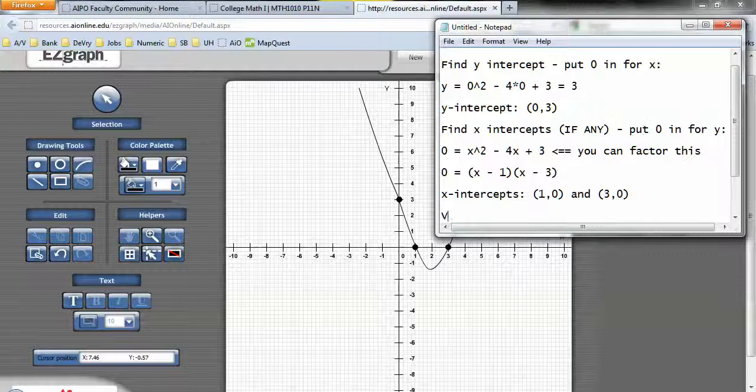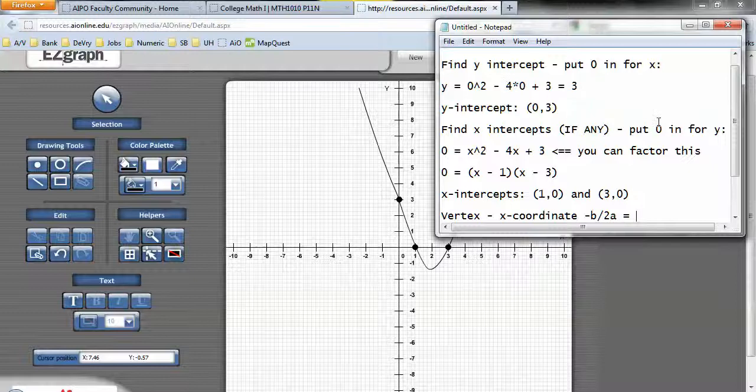How do you find the x-coordinate of the vertex? How do we find that? Well, that's minus b divided by 2a, right? So what's b in this equation?